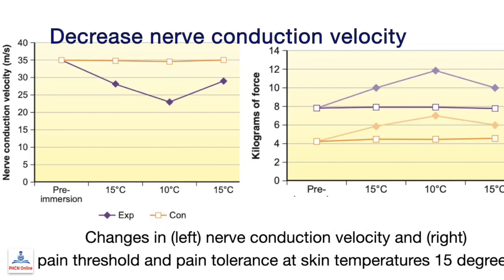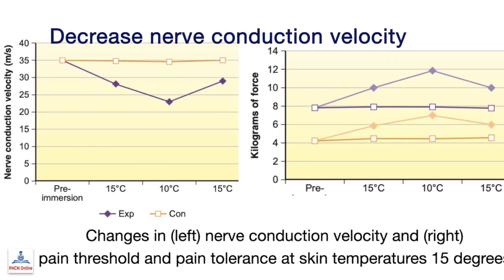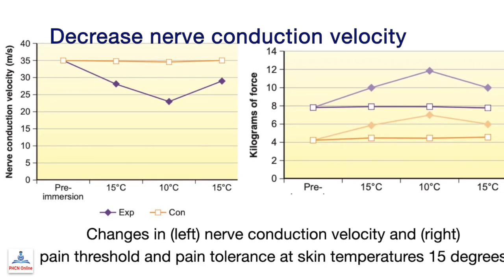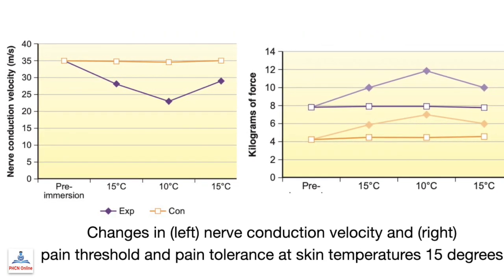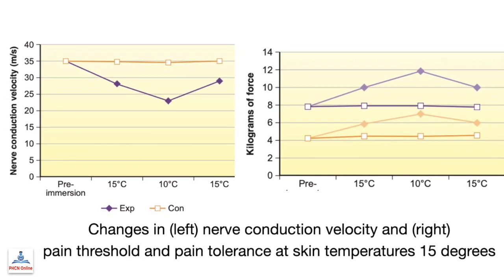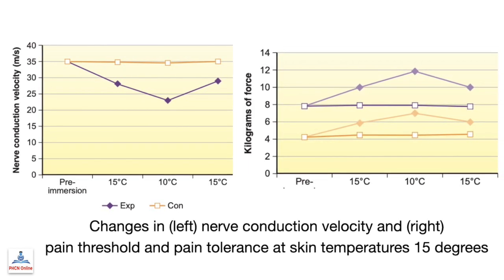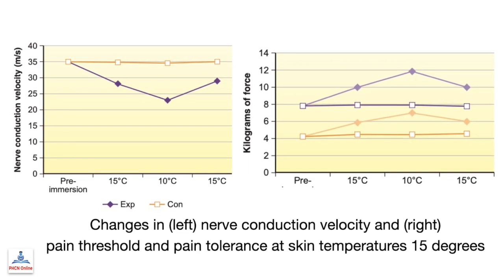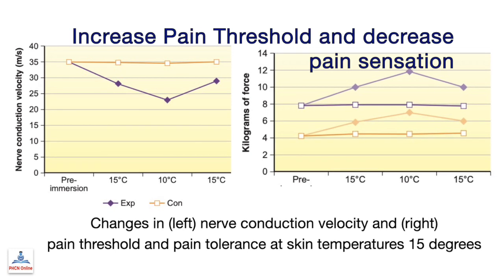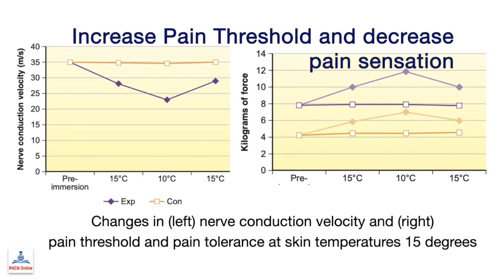When nerve temperature is decreased, nerve conduction velocity decreases in proportion to the degree and duration of the temperature change. Cold has the greatest effect on conduction by myelinated and small fibers and the least effect on conduction by unmyelinated and large fibers. Applying cryotherapy can increase the pain threshold and decrease the sensation of pain.